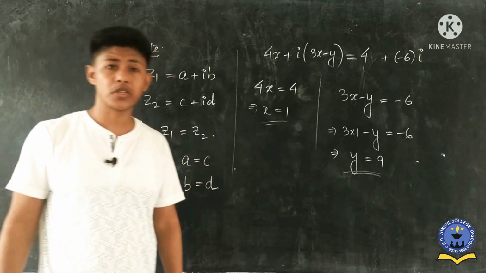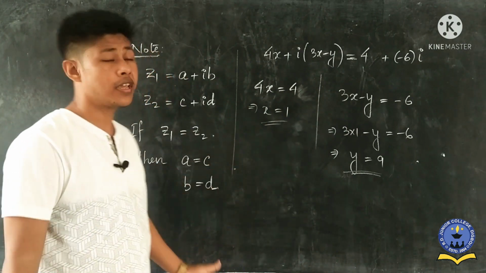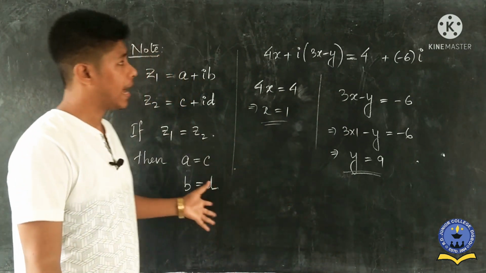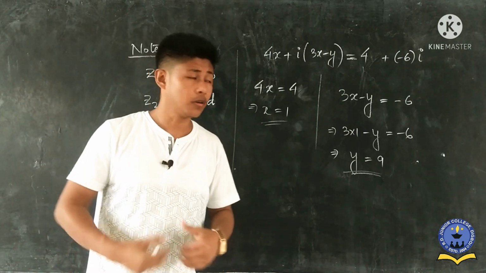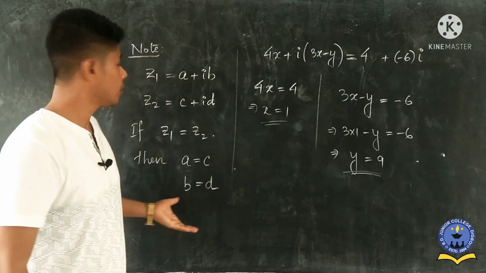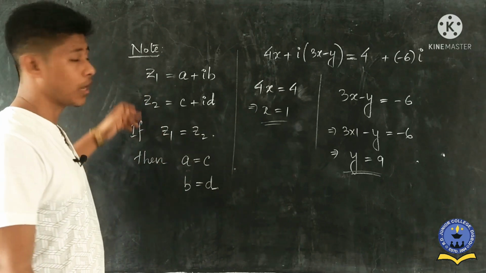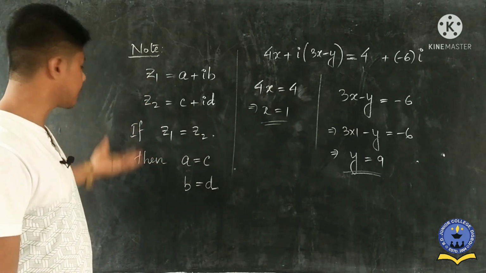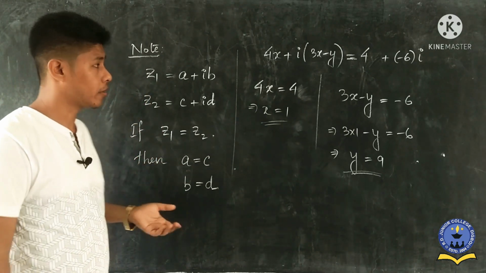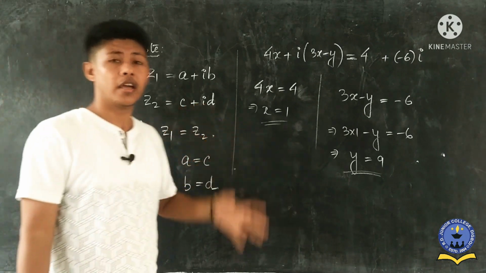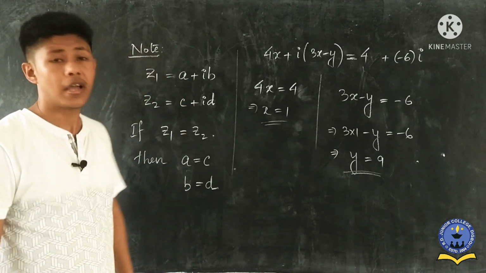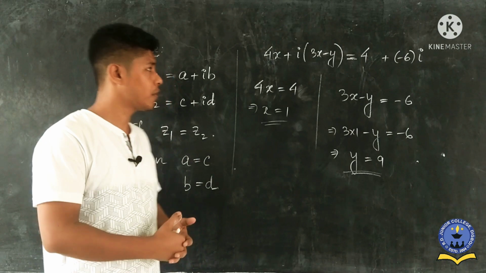When two complex numbers are given equal, then easily we compare the real part and the imaginary part. So this one is about the equality of two complex numbers. In this way we can find out the value of x and y. I hope all of you understood.